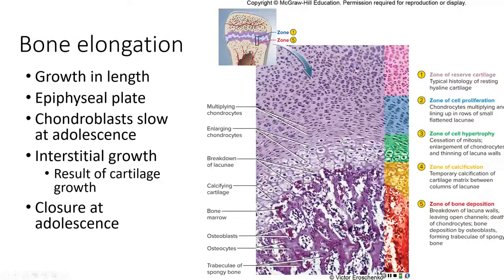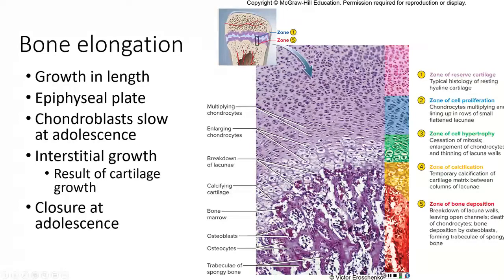Meanwhile, we're still making more cartilage cells up in the zone of proliferation, pushing more cells into the zone of hypertrophy. The cells that were getting bigger in the zone of hypertrophy are pushed down to the next area. This is called the zone of calcification. And here, that cartilage matrix is going to start to become calcified.